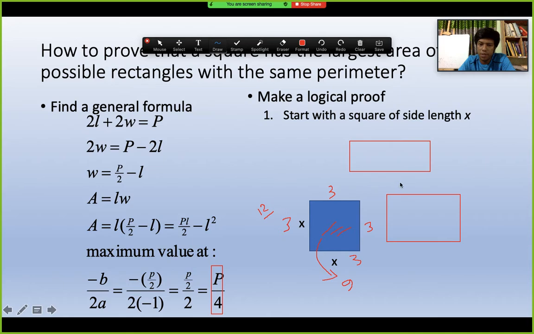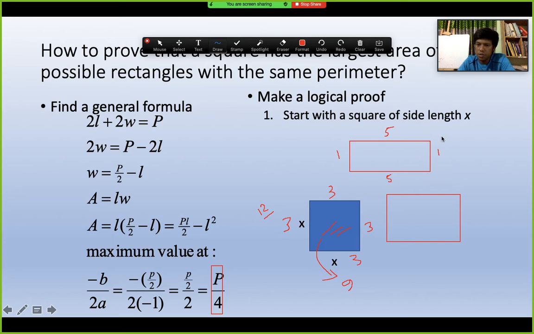Let me prove it. Let me show you a proof. Suppose we make this side something different. Suppose we write here 5, 5, 1, 1.